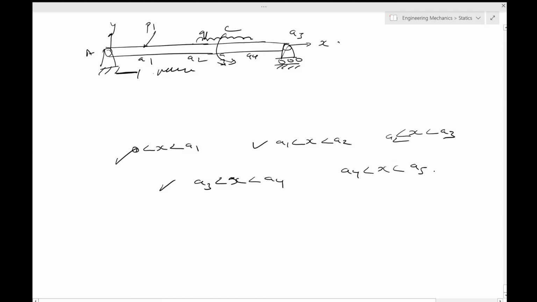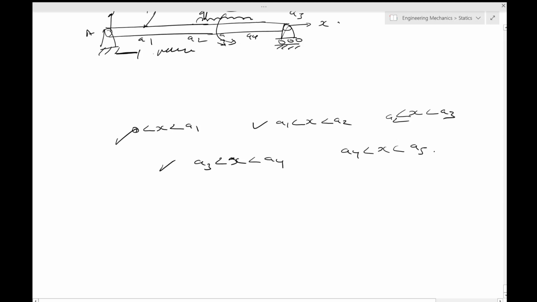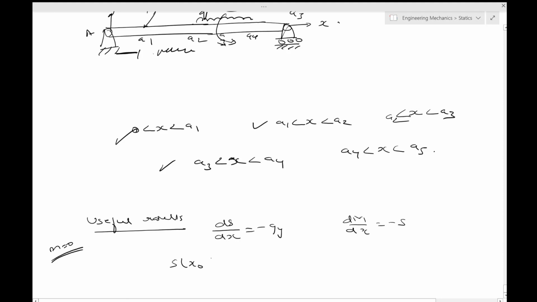Once you have those, you should be able to draw some useful results: dS by dx is equal to minus qy, dM by dx is equal to minus S, and at x naught plus, S is equal to S at x naught minus F, and M at x naught plus is equal to M at x naught minus m naught.